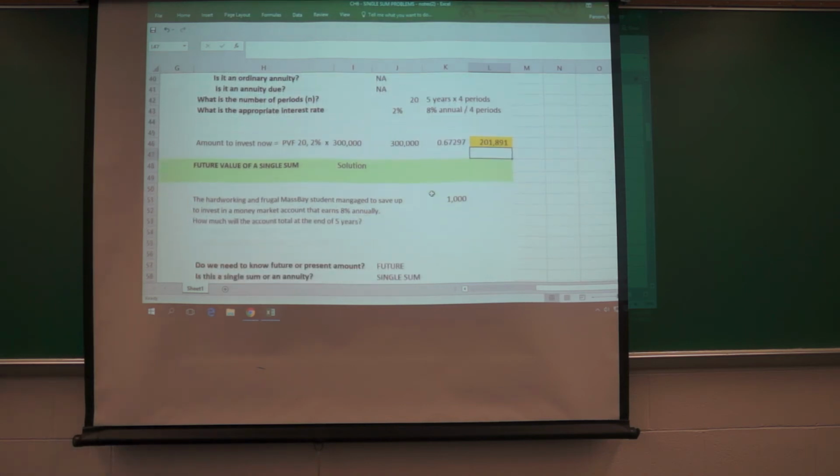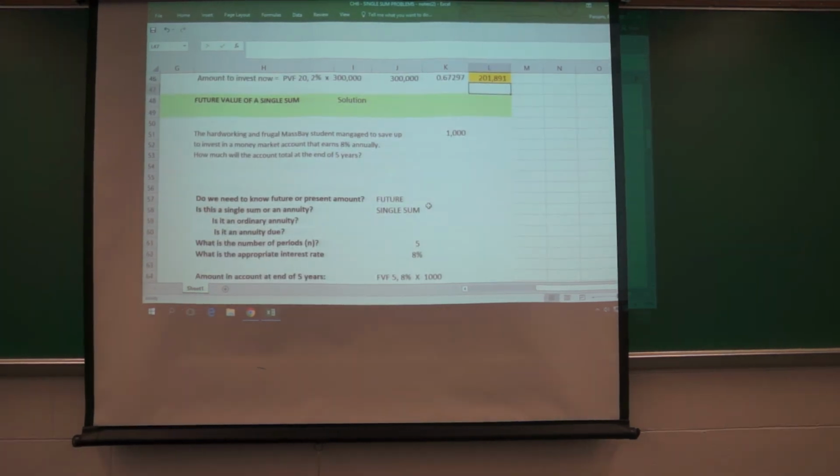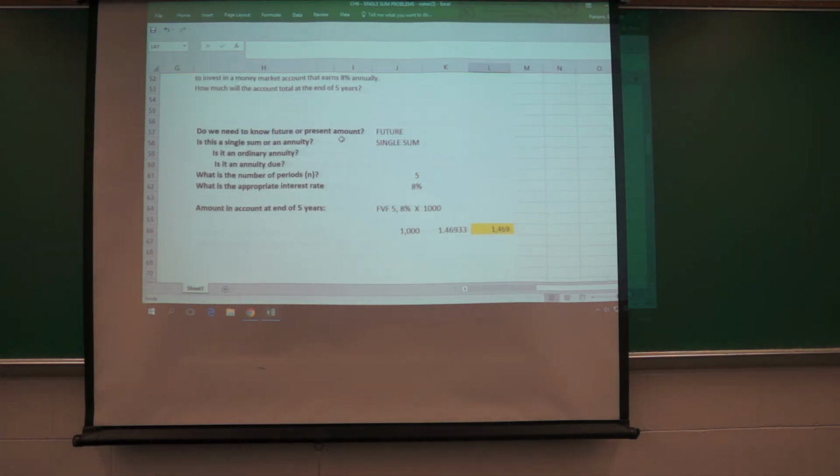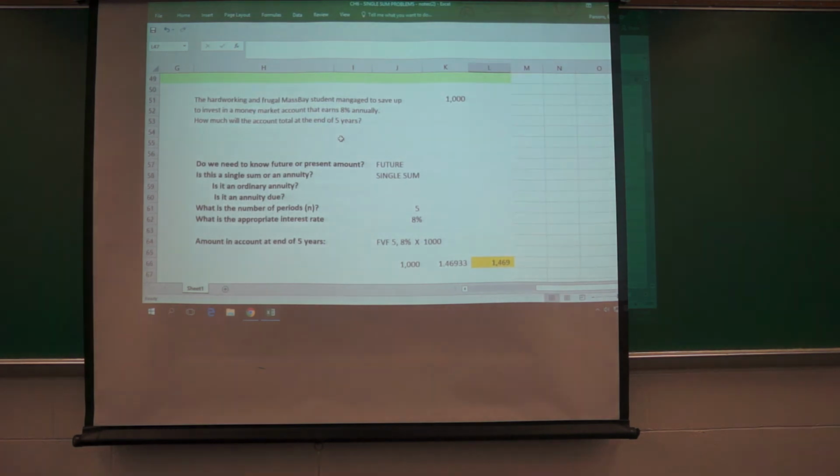Okay, so let's look at the future value of a single sum. This is our hardworking and frugal math-based student. Managed, I think I have a typo there, managed to save up to invest $1,000, earning 8%. How much will it be at the end of 5 years? Now we ask ourselves, do we need to know the present or the future?